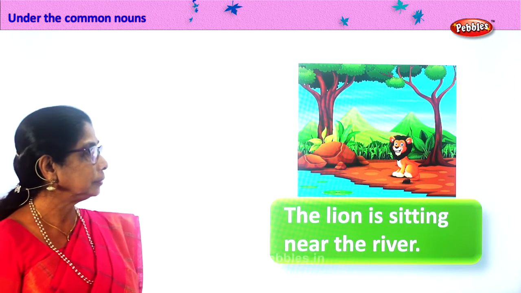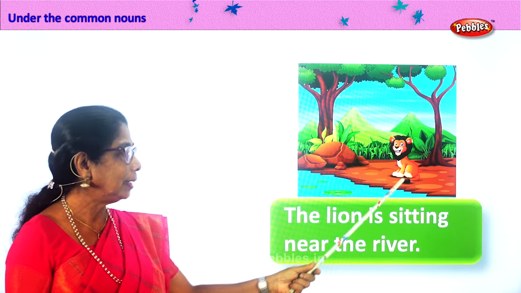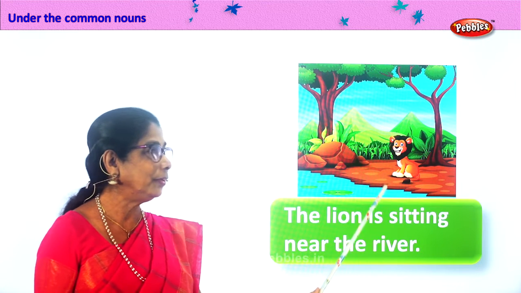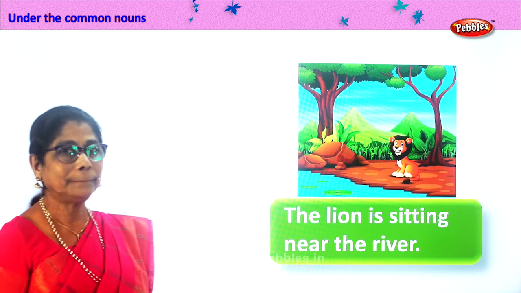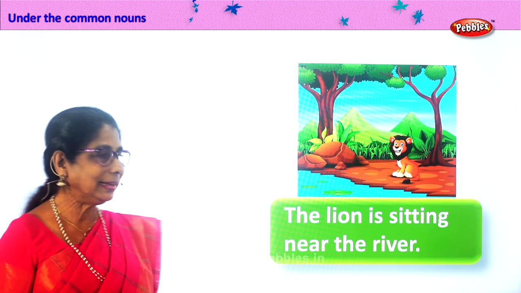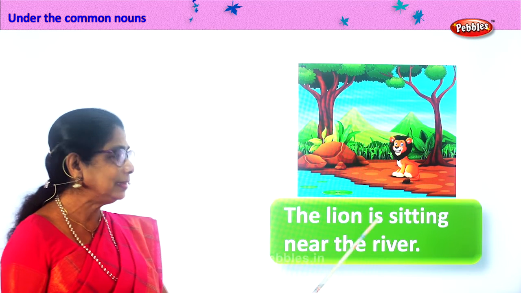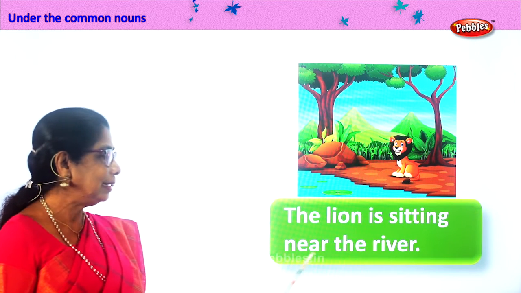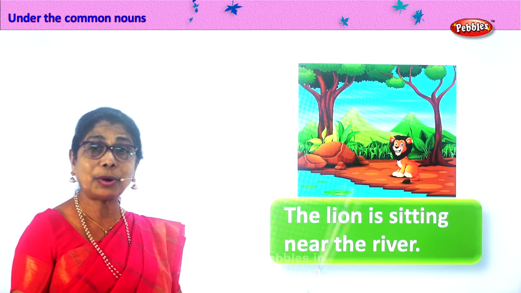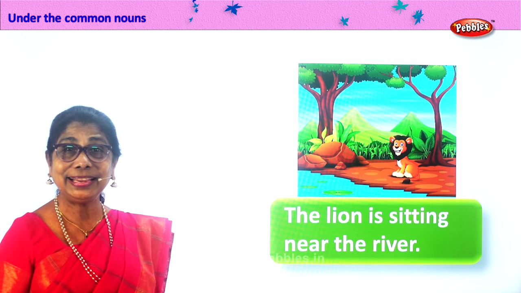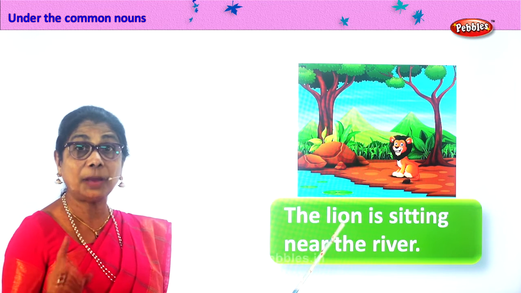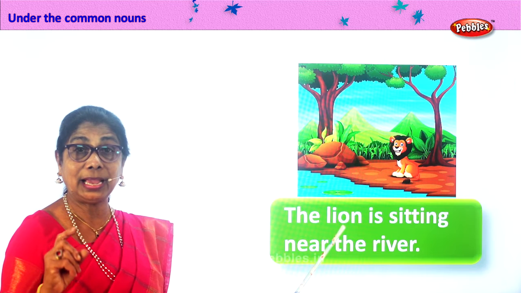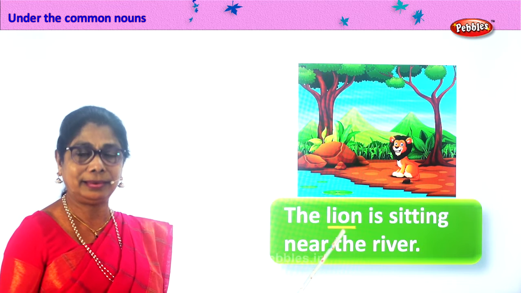Look. Who's sitting here? Lion is sitting near the river. Here's a little river flowing. Read the sentence. The lion is sitting near the river. Probably he's thirsty. Lion is a common noun. We underline lion.